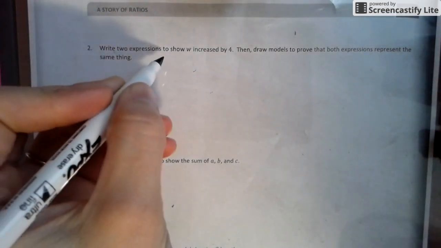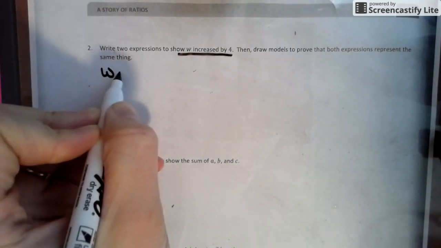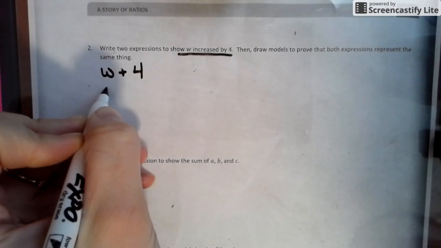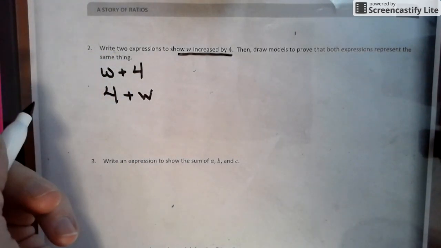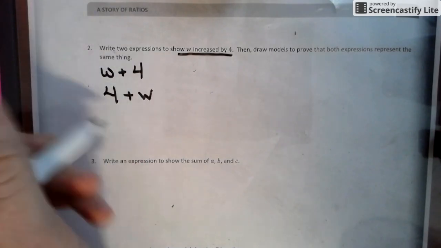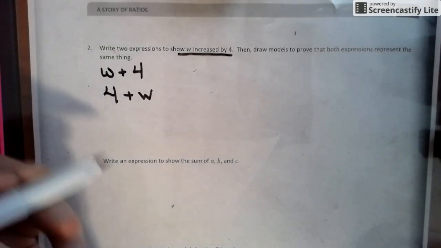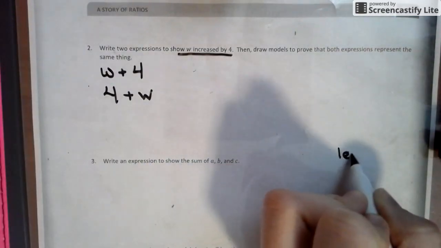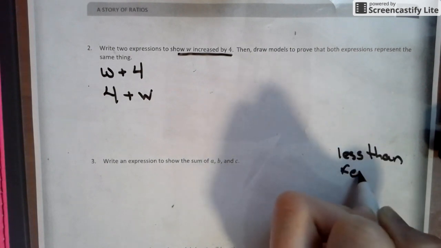So we'll write two expressions to show W increased by 4. So we could have W increased, an adding word, by 4, or we could have 4 plus W, because when you increase, W increased by 4, it's okay to write it either of those two ways. There are certain words that only allow you to write it in a certain way, like less than, fewer than.